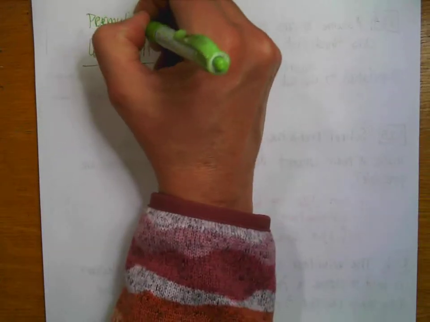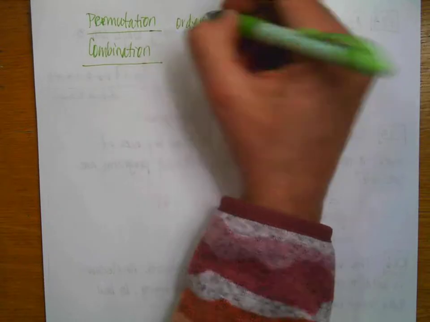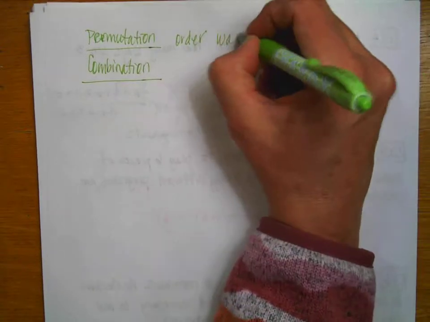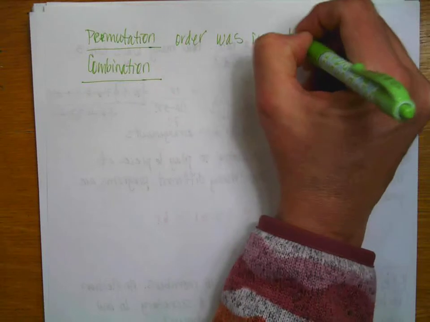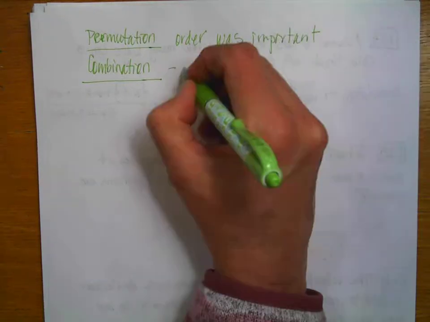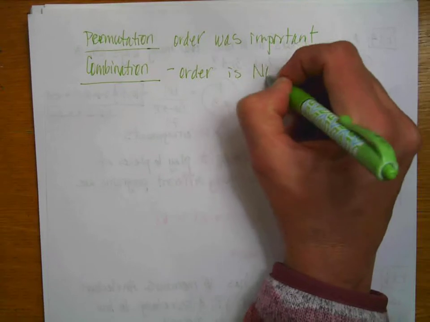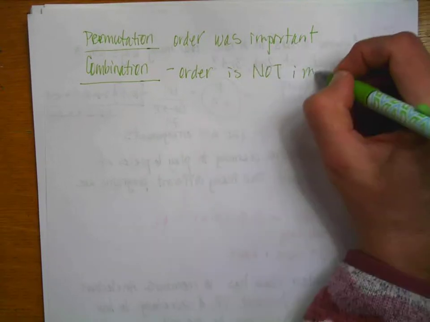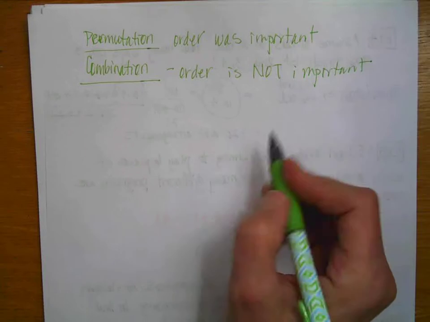Previously we talked about a permutation, and this was when the order was important. Now we're going to talk about a combination where the order is not important.